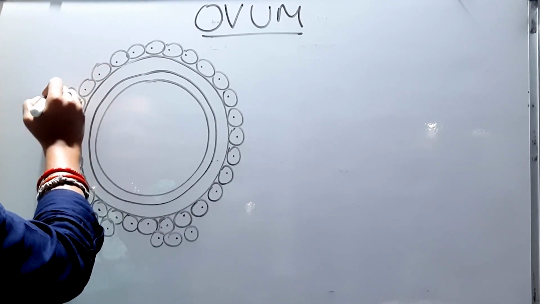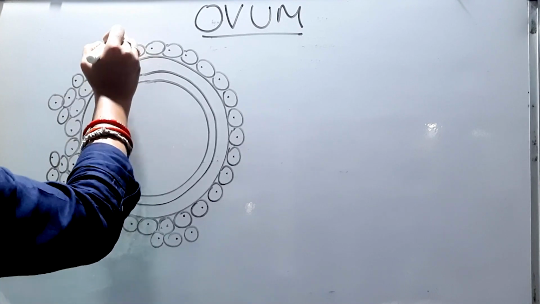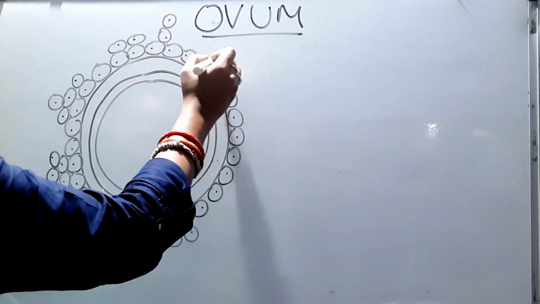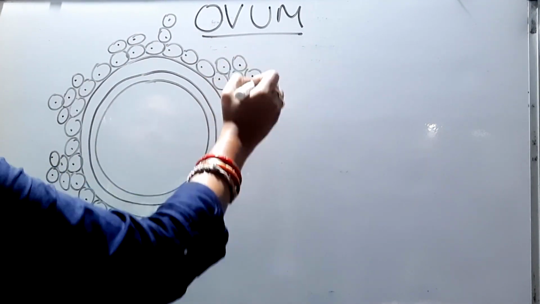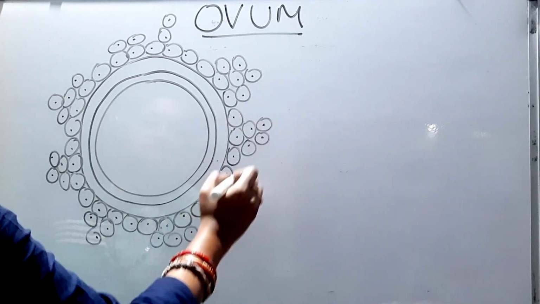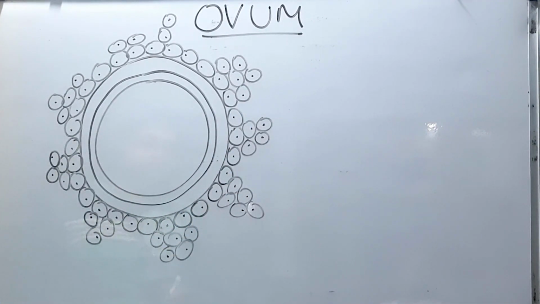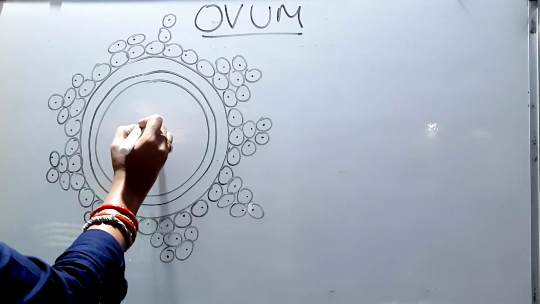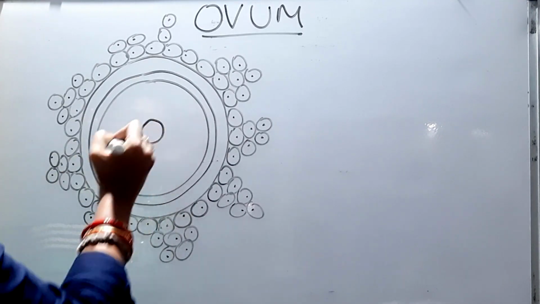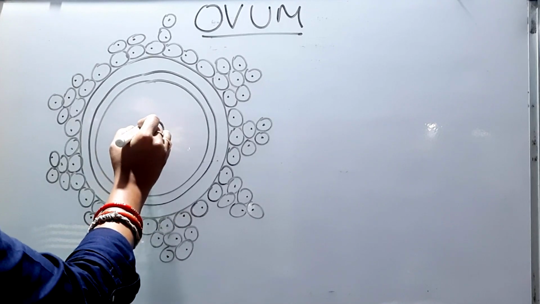The cells are loosely arranged. Now, let us draw the nucleus at the center of the cell.